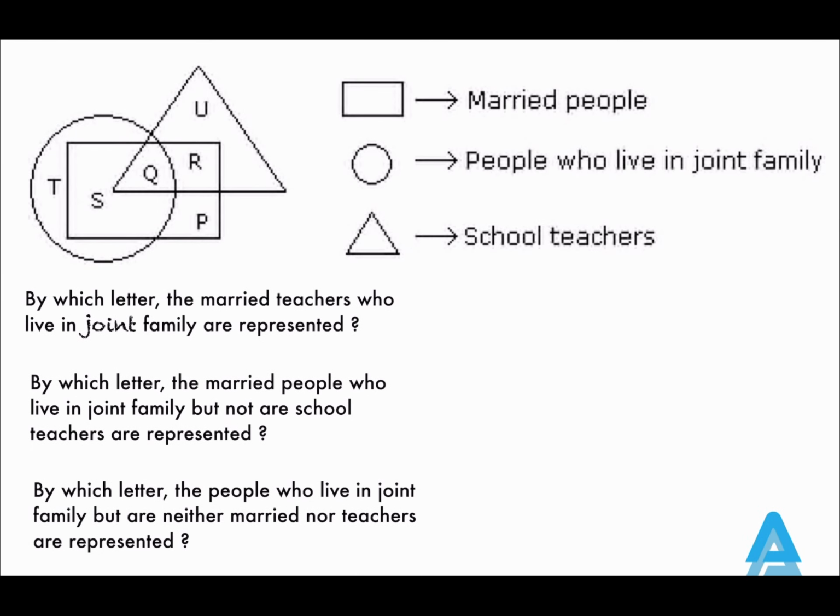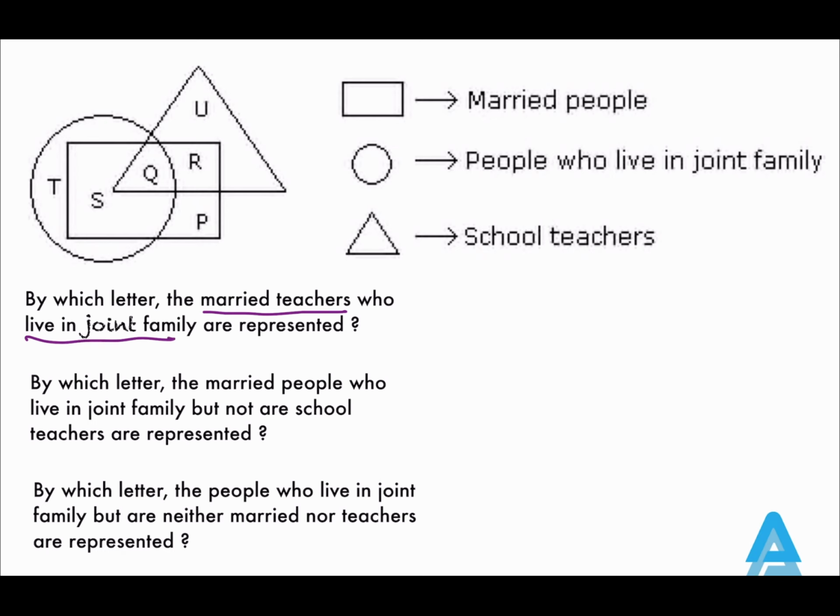Now solve this question. Okay, square or a rectangle represents married people. People who live in joint family are represented by circle, and school teachers are represented by triangle. So tell me by which letter the married teachers who live in the joint family.